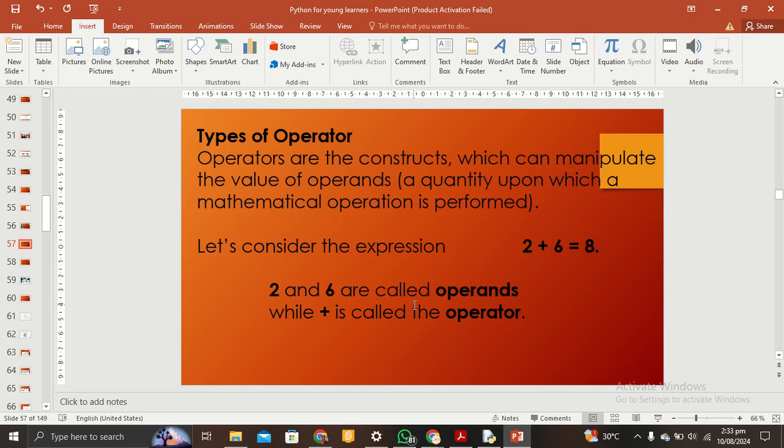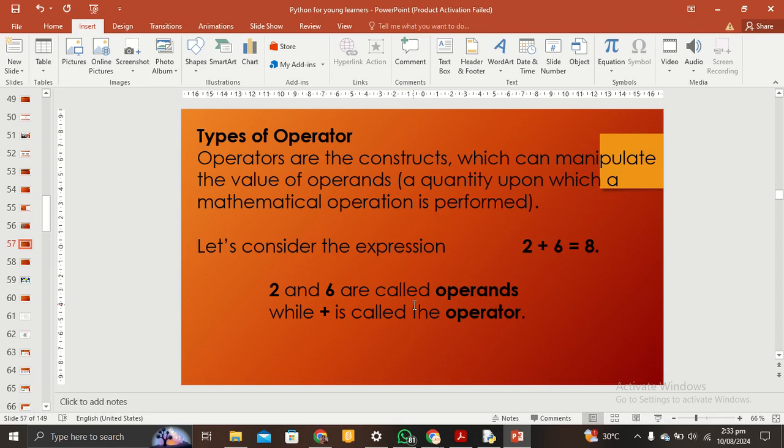If you want to add two numbers together, Taye, which operator will you use? Arithmetic operator, yeah, which of the arithmetic operators? Plus, minus, division, or multiplication? Plus. Yes, you use plus.